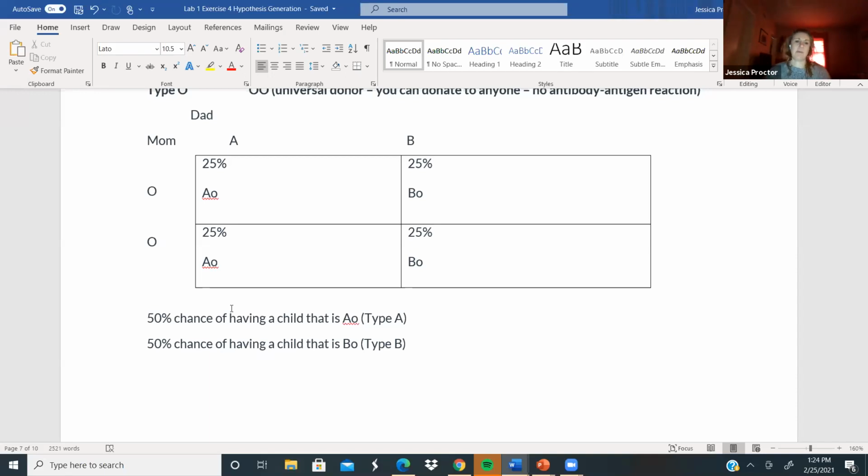It is also not possible for this mom and dad to produce a child that is type O. So essentially 0% chance of having a child that is AB, and also a 0% chance of having a child that is O.